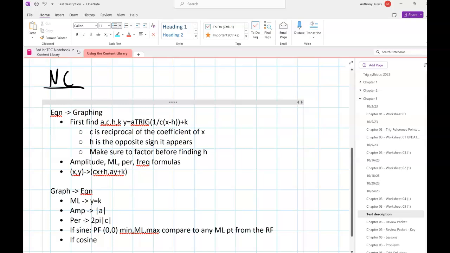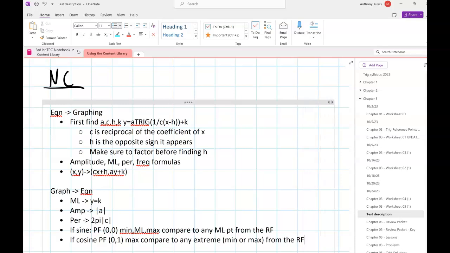If we do cosine, the parent function point we use is 0, 1, which is a maximum, and we compare that to any extreme point from the resultant.